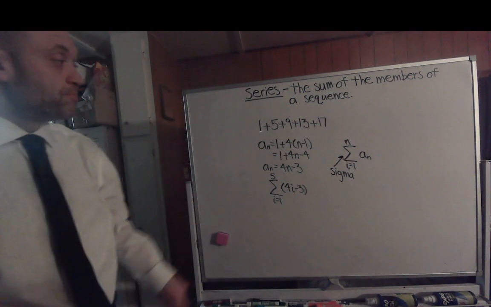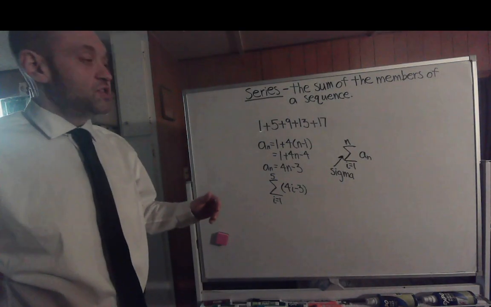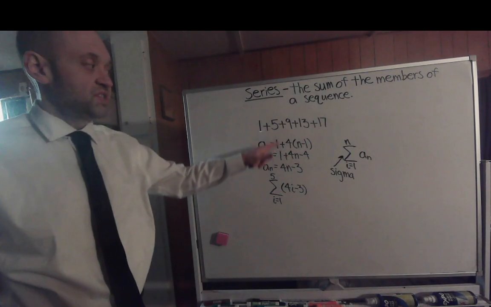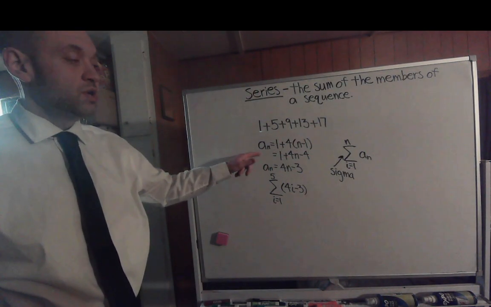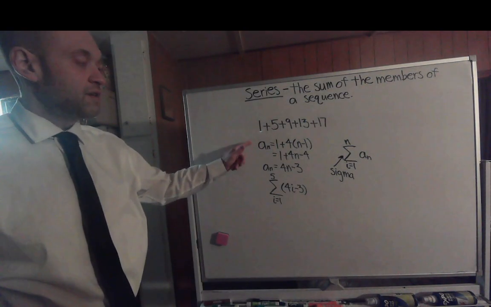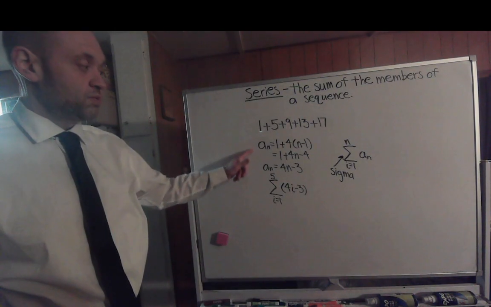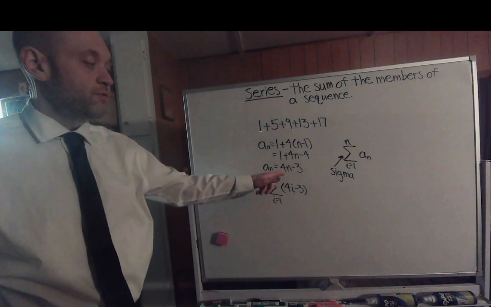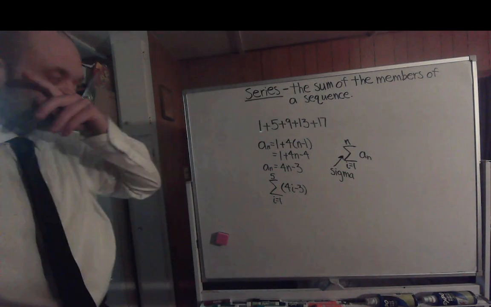But anyway, what you have to do initially is treat this like a list of numbers instead of a sum of numbers. So what you have to do is find what the formula for the sequence would be. In this case, it turned into a sub n equals 4n minus 3.